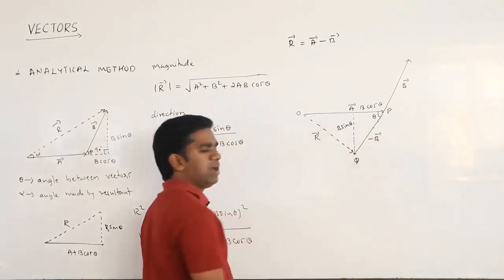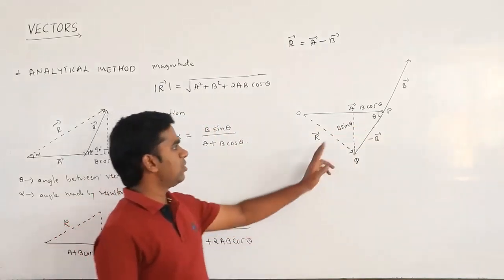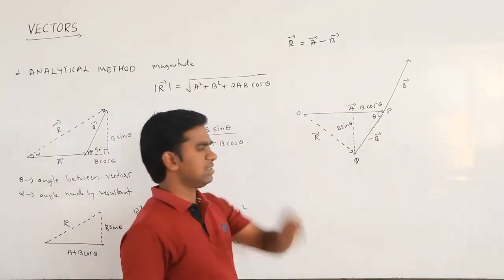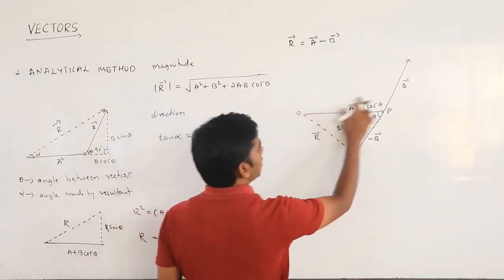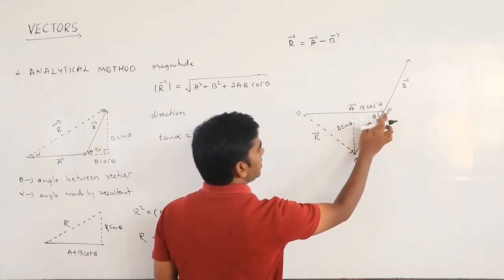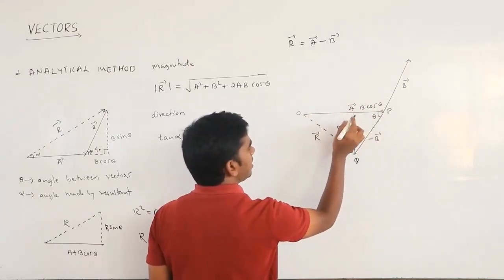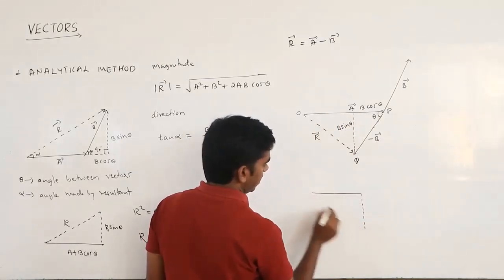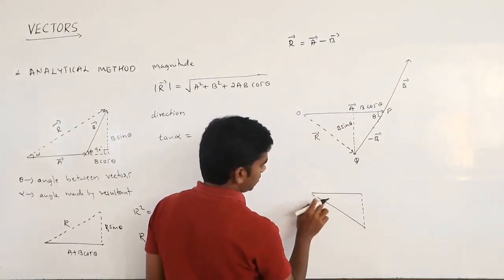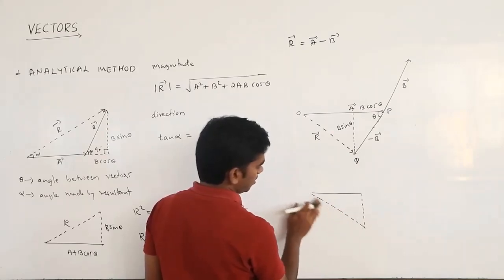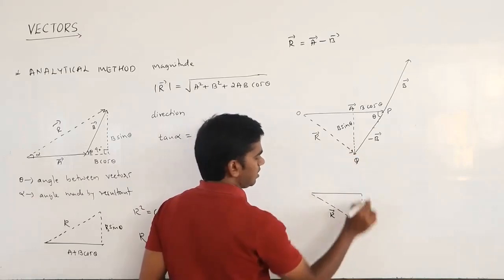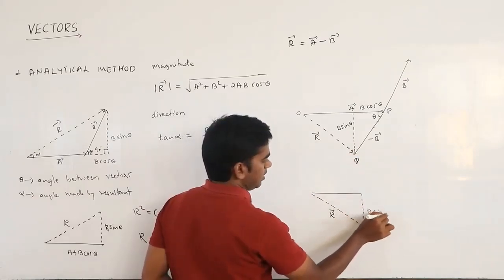Don't get confused about why the minus sign is not taken. We are talking about magnitude, so that is why I am not writing the vector sign. Then what about this total? This total magnitude is A. Within that you have to subtract, because you want this triangle now. So this is R. What you got here is B sin theta.